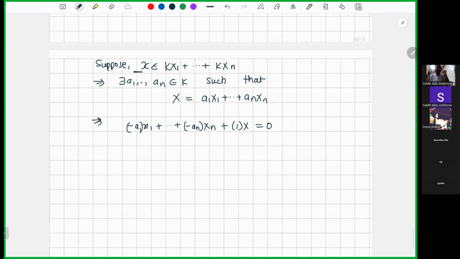So this is a linear combination of x1, x2, up to xn and x. And one of the coefficients is non-zero, right? This 1 is non-zero.